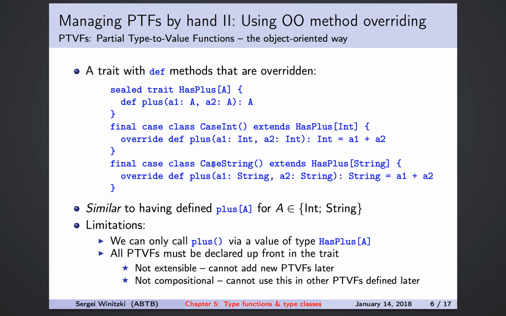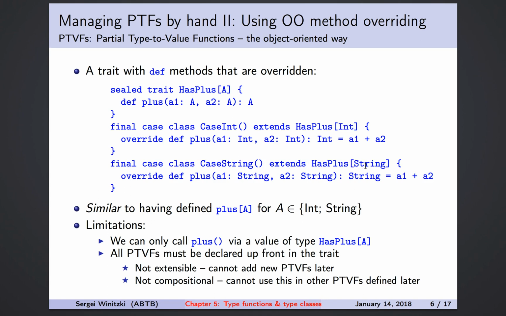The trait has a type parameter as well. And there are some case classes, so it's very similar to the previous slide, except the trait has code, has a def method inside, and the case classes override that def method. Other than that, it could be case class, just like in the previous slide. And again, you see this class extends has plus with integer type parameter, not with an arbitrary type parameter.